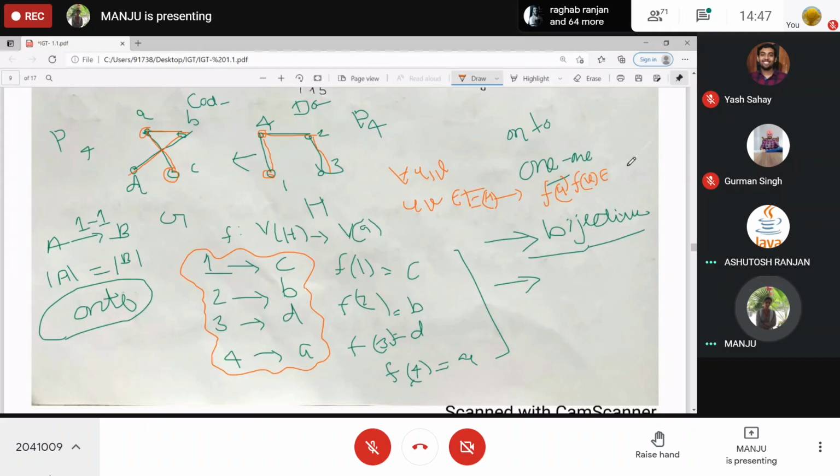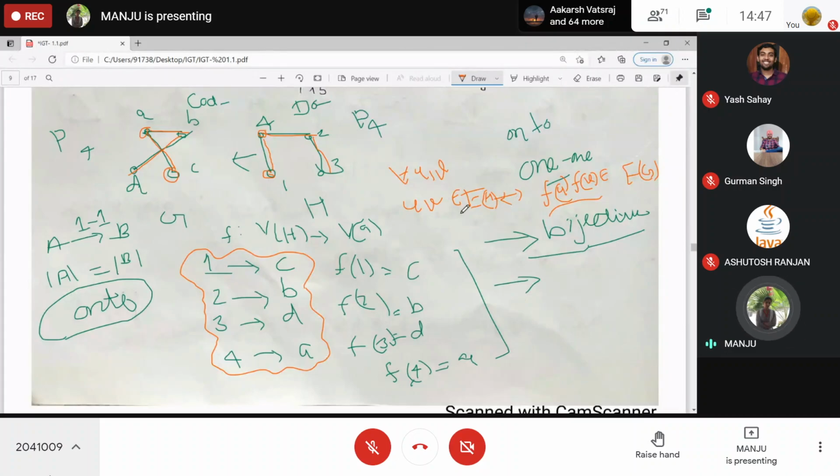The second graph, E of G. If you are taking G from V(G) to V(H), then it will be V(G) to V(H). And if their images are adjacent, because this is a bijection, then they will be adjacent.